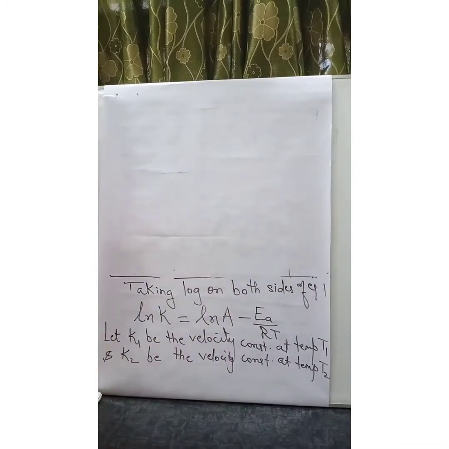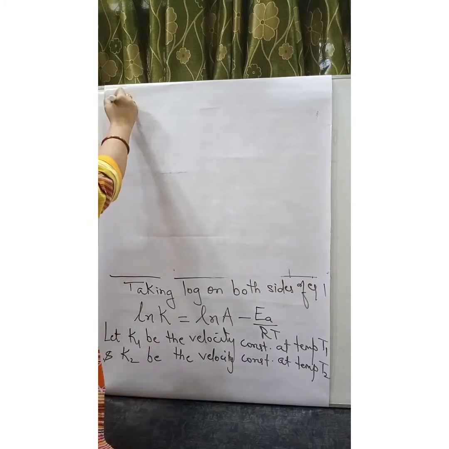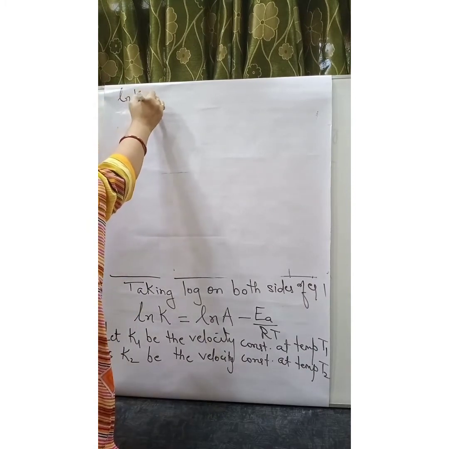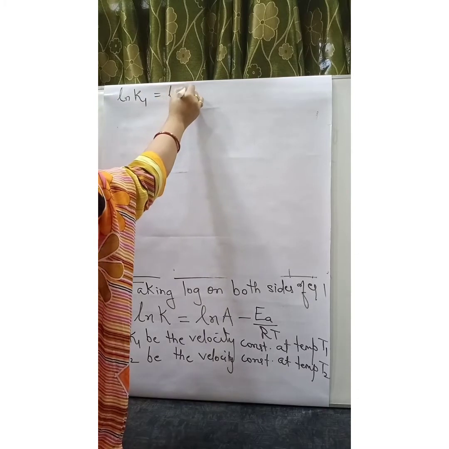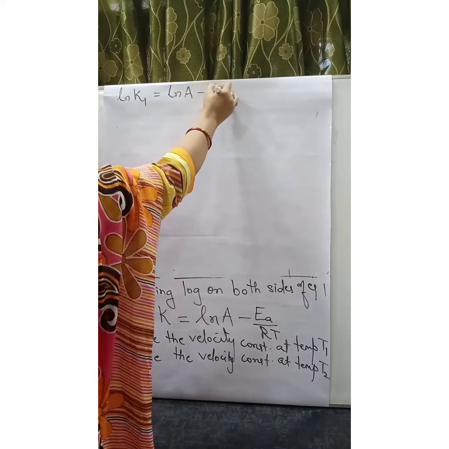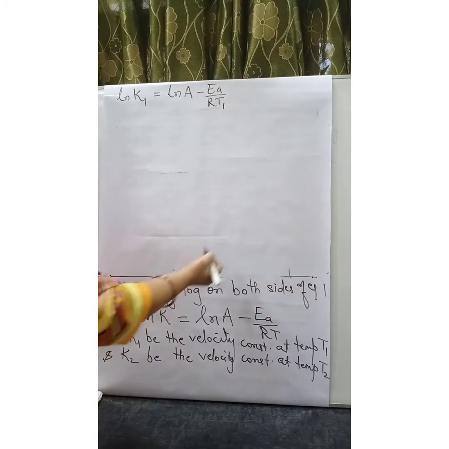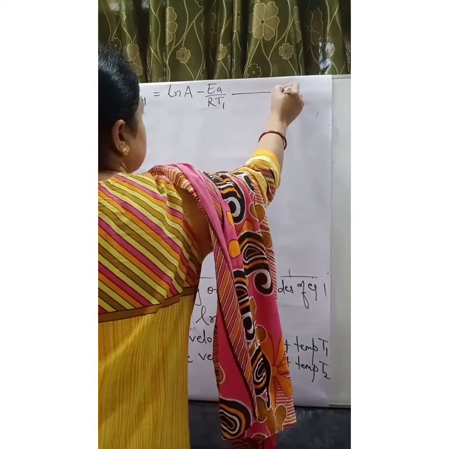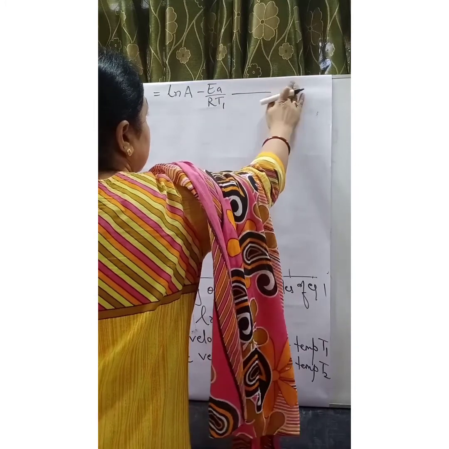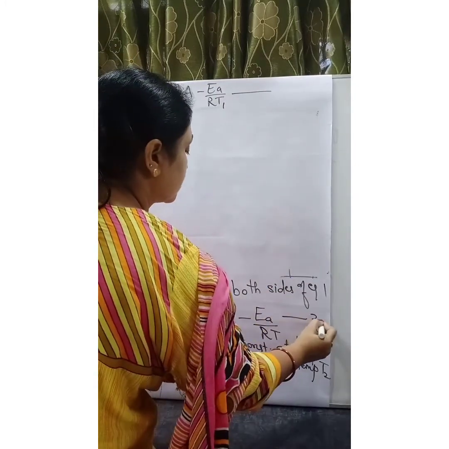Now using these two conditions, I can write this equation as ln k1 is equal to ln A minus Ea upon RT1. Let this be equation number 2.